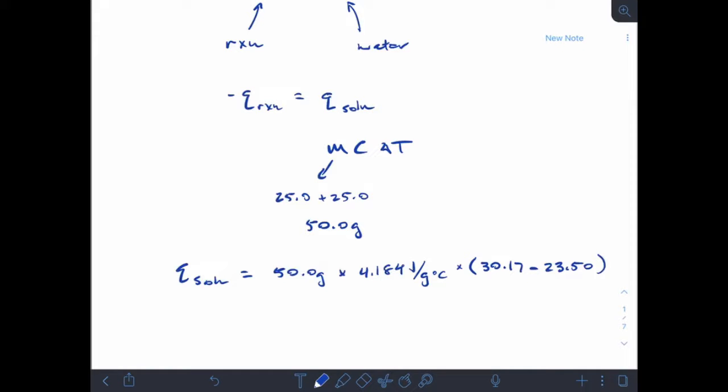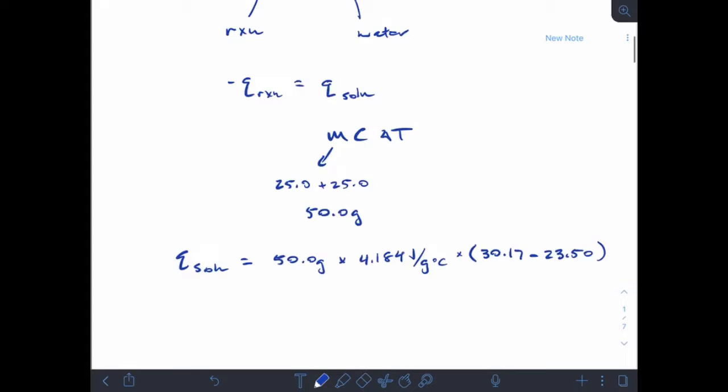And we will find that our Q of the solution equals 1395.364 joules. And through sig figs, we'll find that we want to track at that 9.